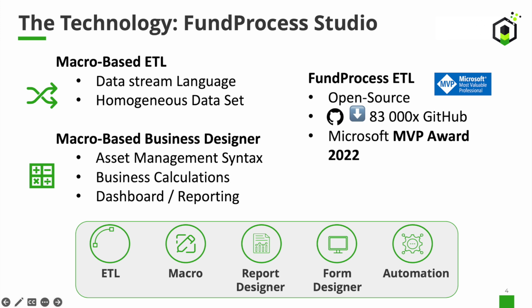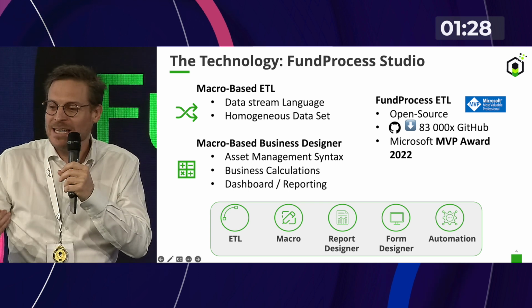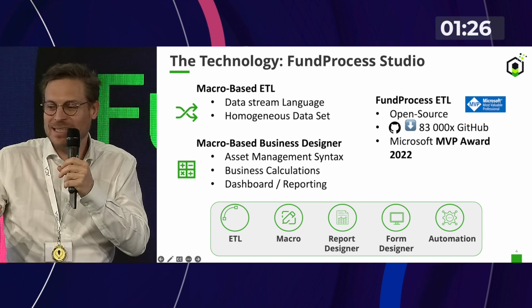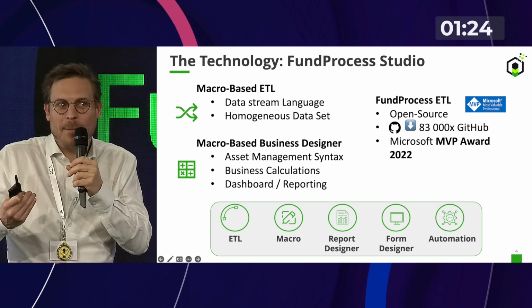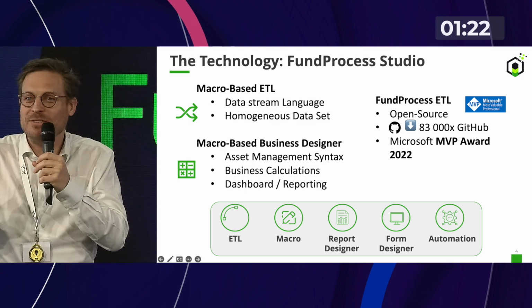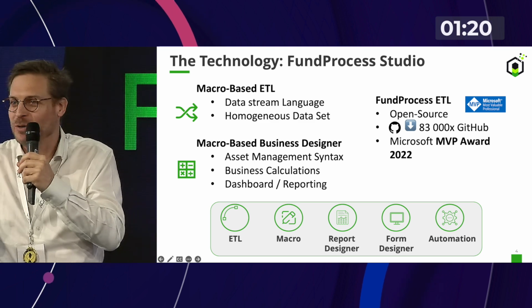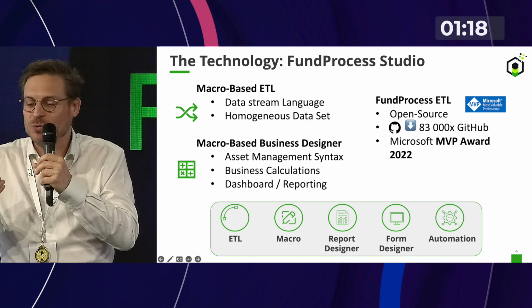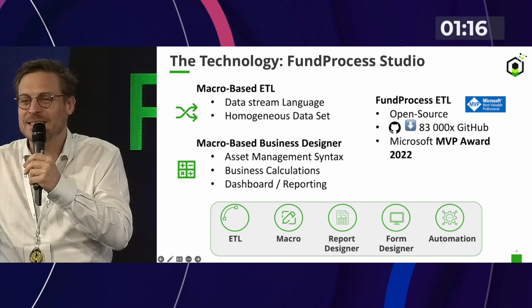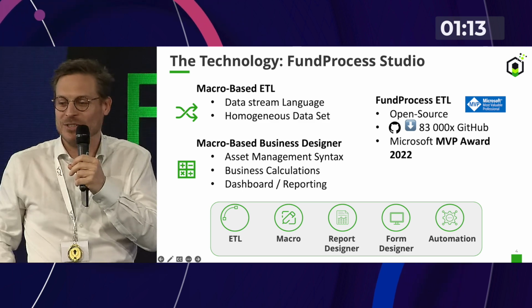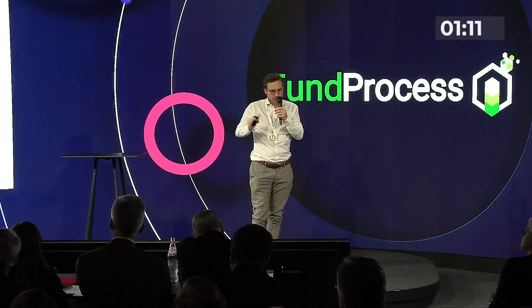It covers all the technologies designed to connect systems together by performing data extraction. So the strategy at Fundprocess is to use a macro environment with a dedicated and simplified language for your back office to do data management and business design by themselves.